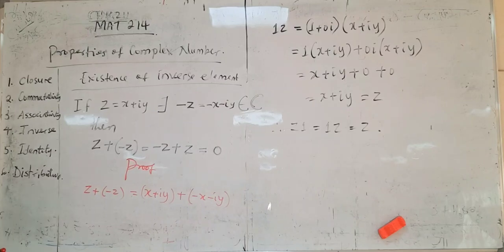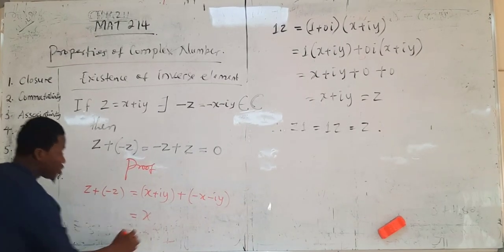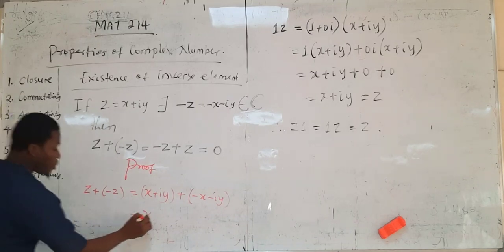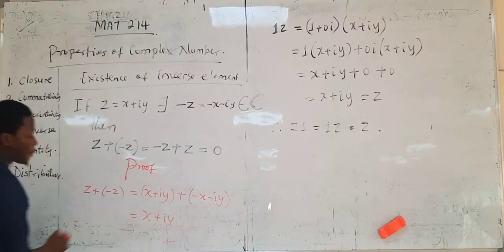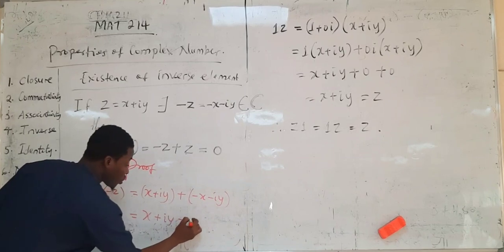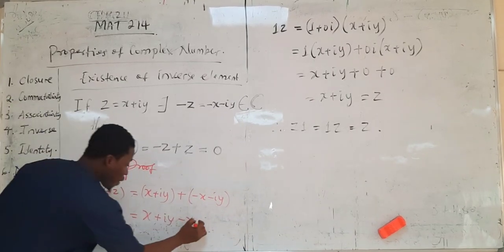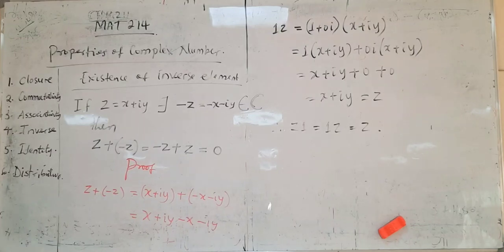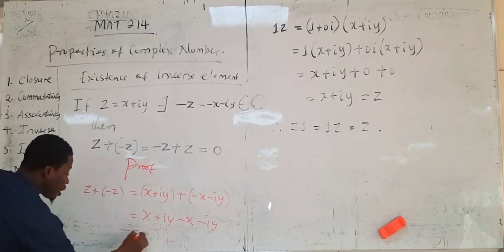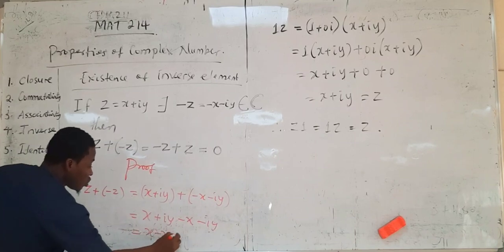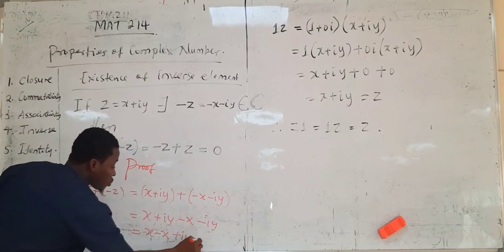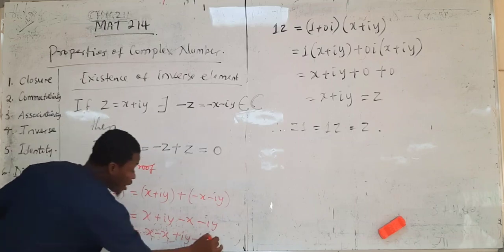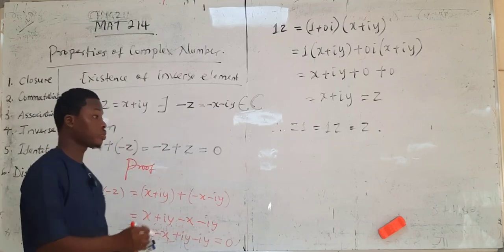By opening the bracket, we have x plus iy minus x minus iy. So collecting like terms, you have x minus x plus iy minus iy. Then the final answer is 0.